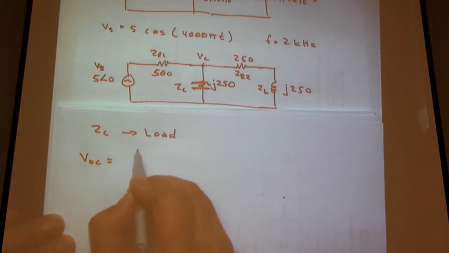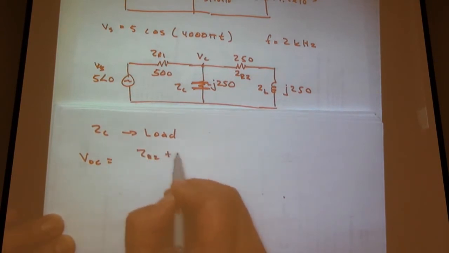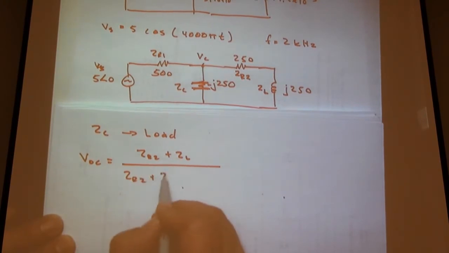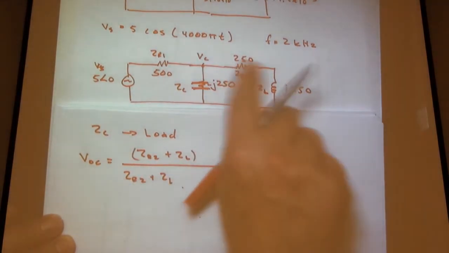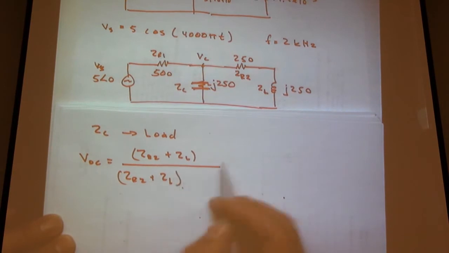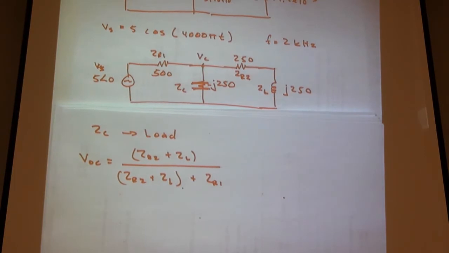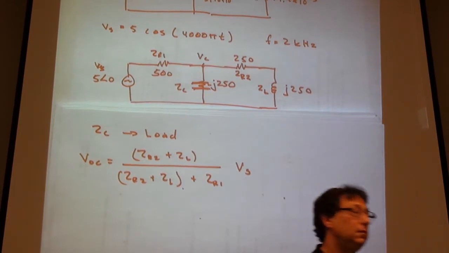So this winds up being ZR2 plus ZL over ZR2 plus ZL. That's these two components, just putting parentheses around them to indicate that they were to the right side, times V source. Right? So we can do that. And that gives us V open circuit.